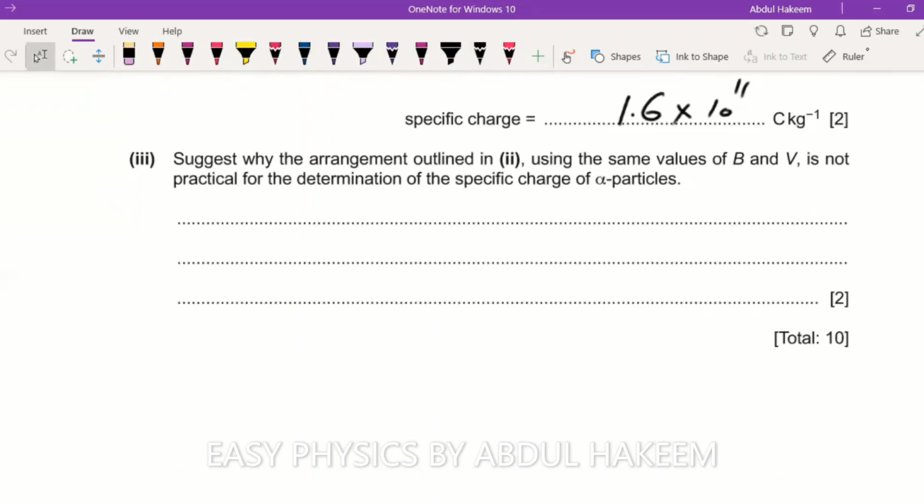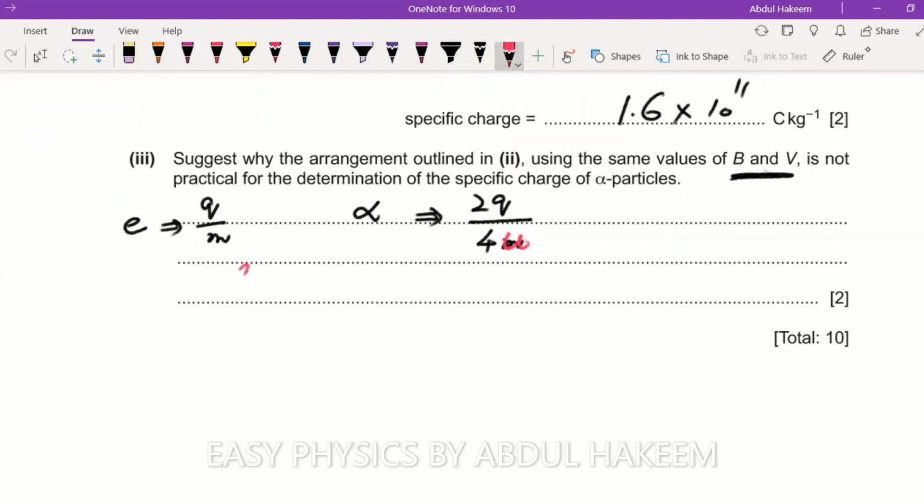Suggest why the arrangement, using the same value of B and V, is not practical for the determination of the specific charge of alpha. Look here, this is the specific charge q by m for the electron. For the alpha, the charge is double, and the mass is 4 times u.